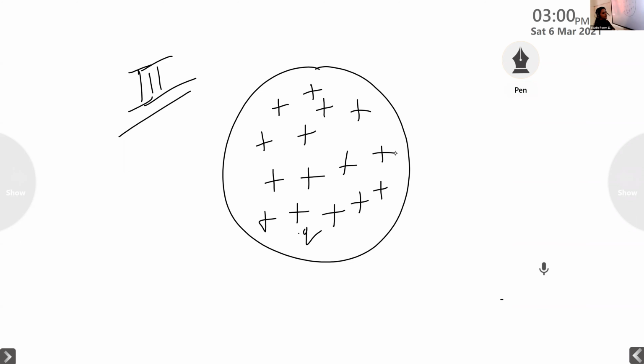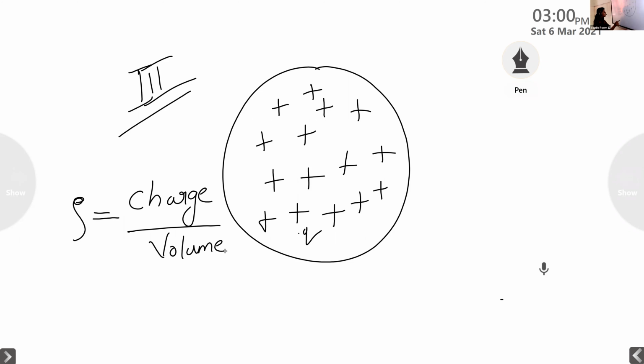So here we can calculate the volume charge density. The volume charge density rho is given by the charge present per unit volume. This is called rho.